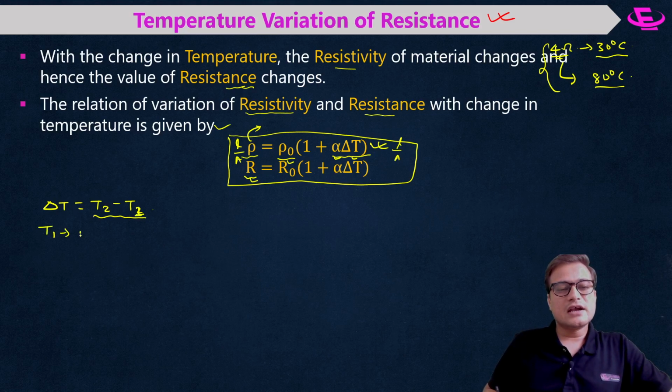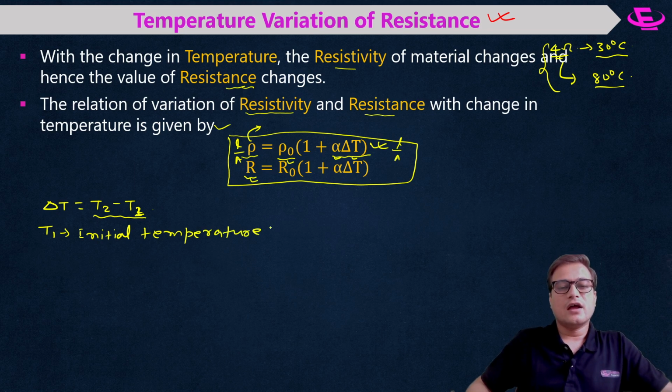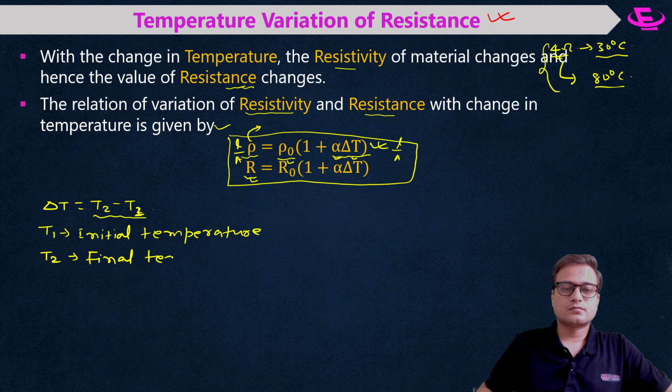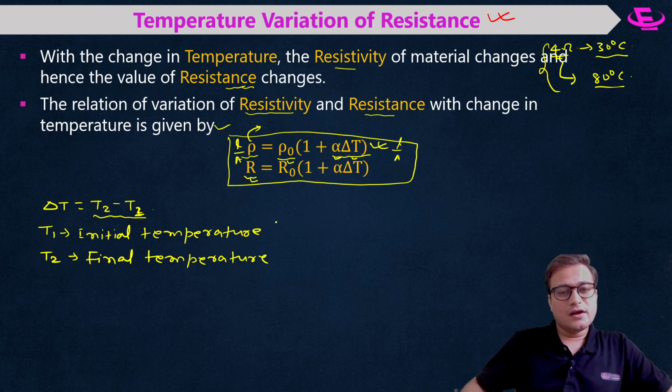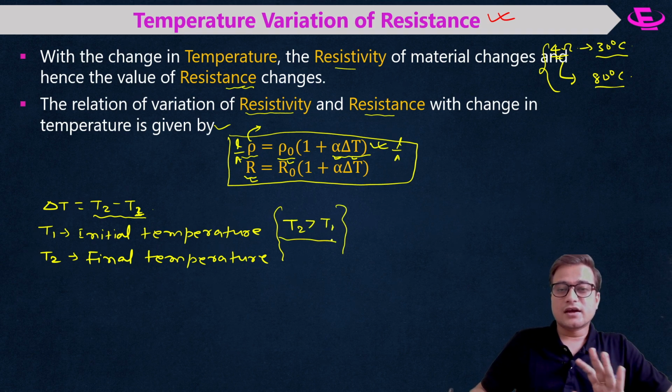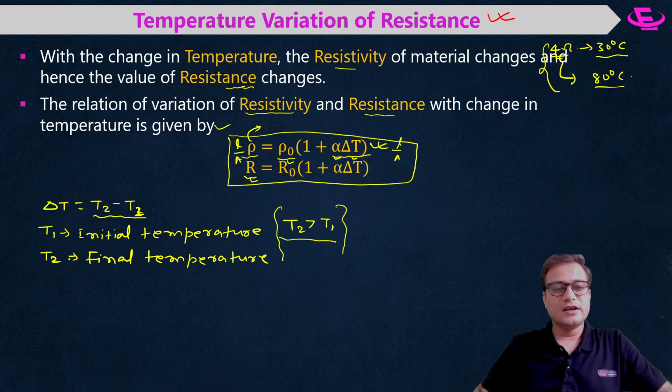T1 is the initial temperature and T2 is the final temperature. Clear? And note this point: T2 is greater than T1. That means temperature is increasing.